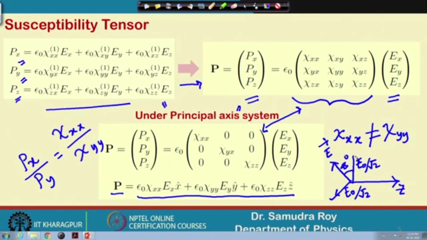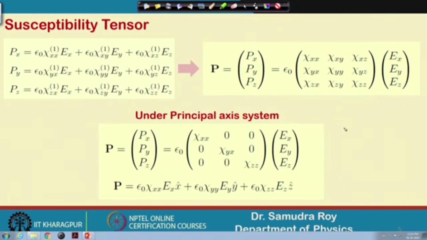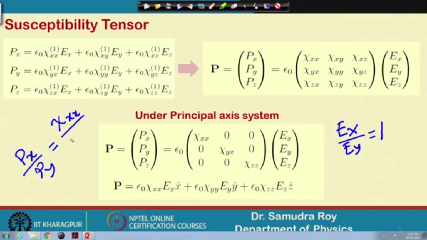Here, if I divide the Ex and Ey components, for example, let me erase this part. Ex and Ey components ratio was 1. As I mentioned, if I do Px and Py, their ratio is chi xx over chi yy.